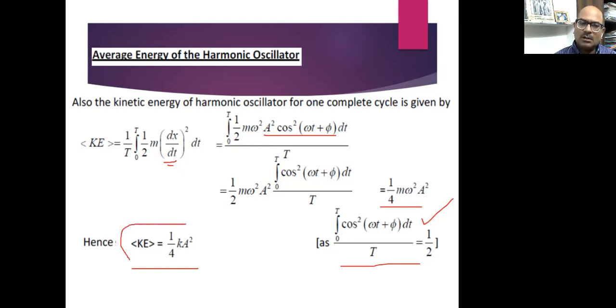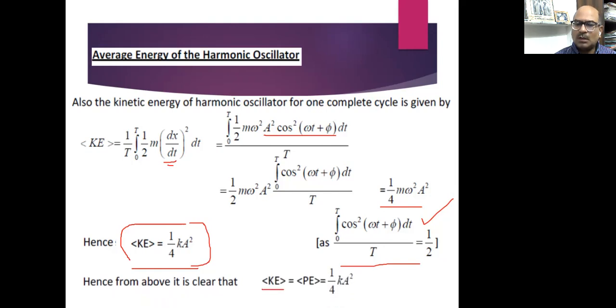If you see the expression for average kinetic energy and average potential energy, you can make out that these two are equal and equal to 1 by 4 Ka square. So this is constant.